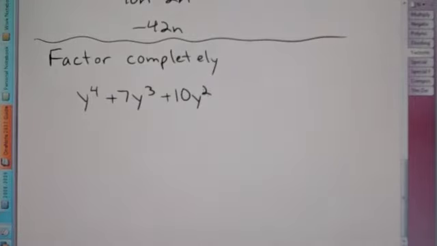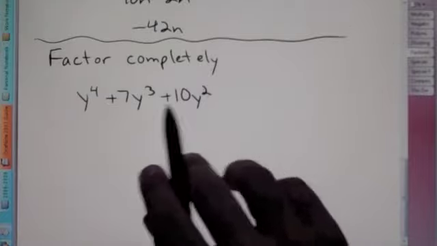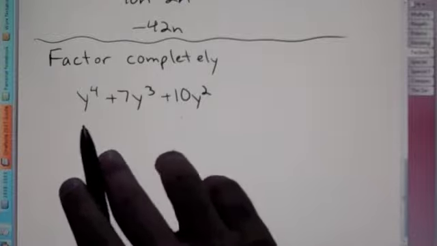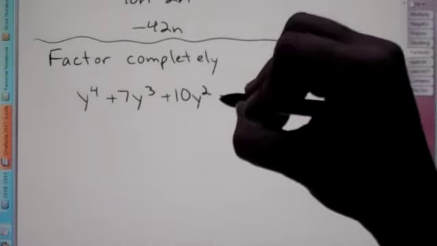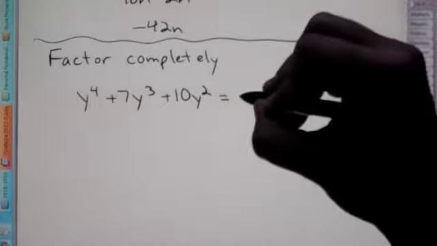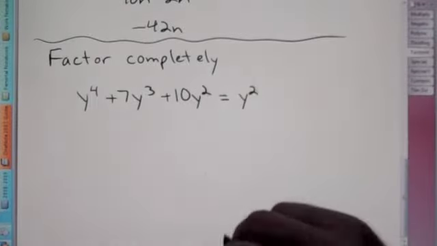Now, when you see the directions factor completely, that means it's most likely they're going to want you to factor something out first. See if they have anything in common to begin with. In this case, I see they all have a y squared. So I can factor out a y squared to begin with.